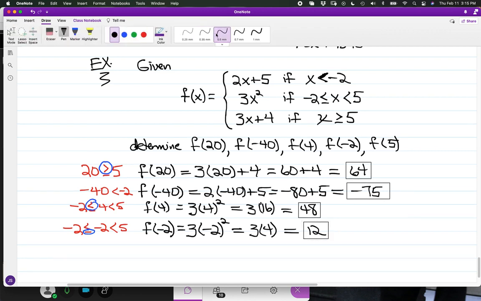And we have for the input value of 5. Okay, and here, where 5 appears, now negative 2 is less than or equal to 5. Now negative 2 is less than 5, but 5 cannot be less than itself. So this compound inequality falls short. And then for the last inequality statement that mentions 5, now 5 cannot be greater than itself, but it is equal to itself.